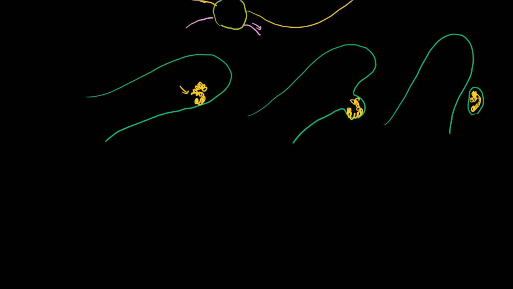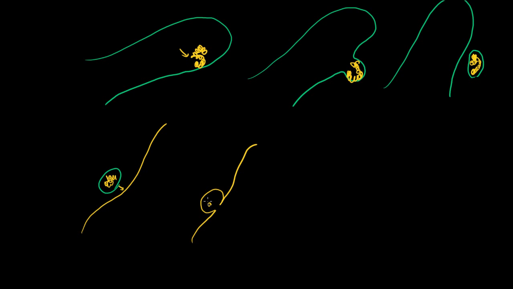You can imagine that it eventually, let's say this is the outer membrane of the cell, and I'm doing a gross oversimplification. I'm not even drawing the bilipid layer, but just to have a visual impression of what it might look like. That's the vesicle there, the little protein inside of it, and it gets closer and closer to the membrane. And then it can merge with the membrane because it's made up of the same stuff.